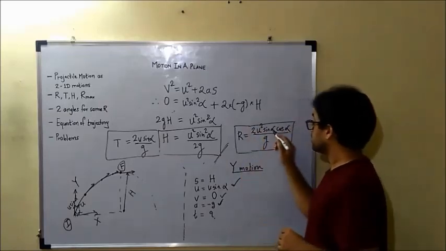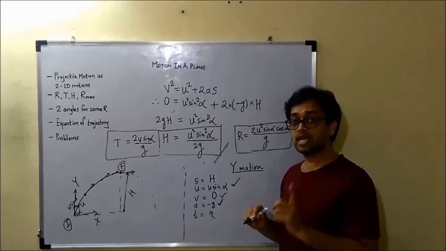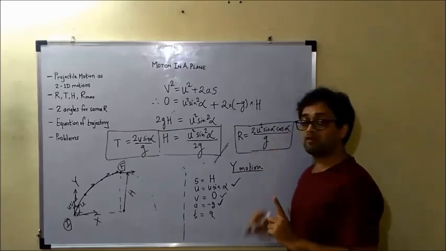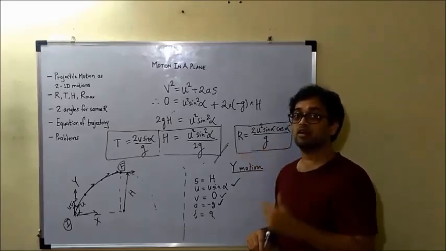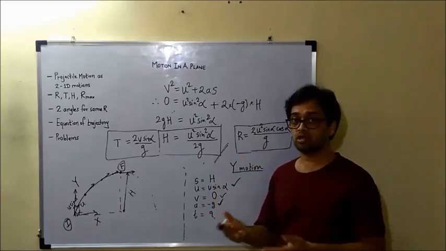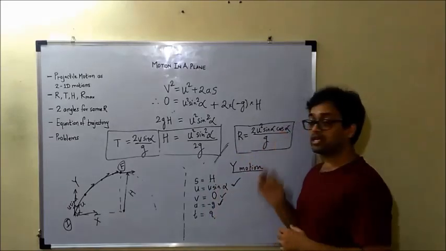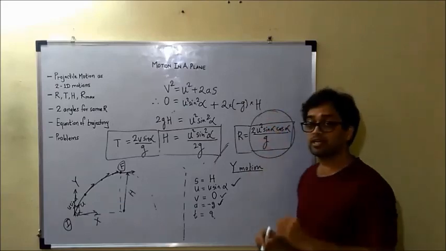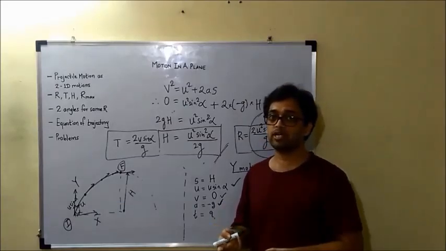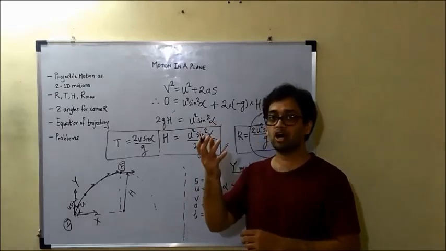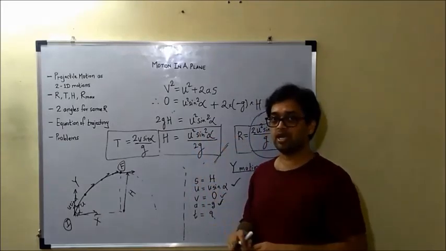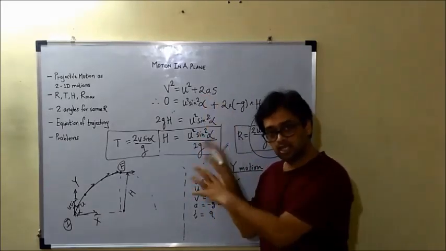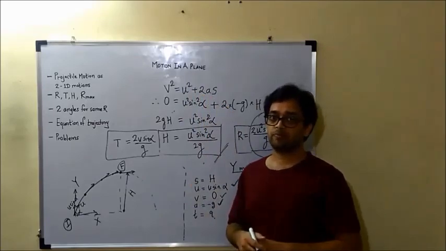What will you get? Sine alpha, how much is it? Sine of 90 degree is 1. Cos alpha, cos of 90 degree. Refer to our table of trigonometric functions. You will see that cos of 90 degree is 0, and that is why it will make this entire thing 0 if I put alpha is equal to 90 degree. And that is why when you throw it up, the equations still apply. When you throw it inclined, the equations still apply.